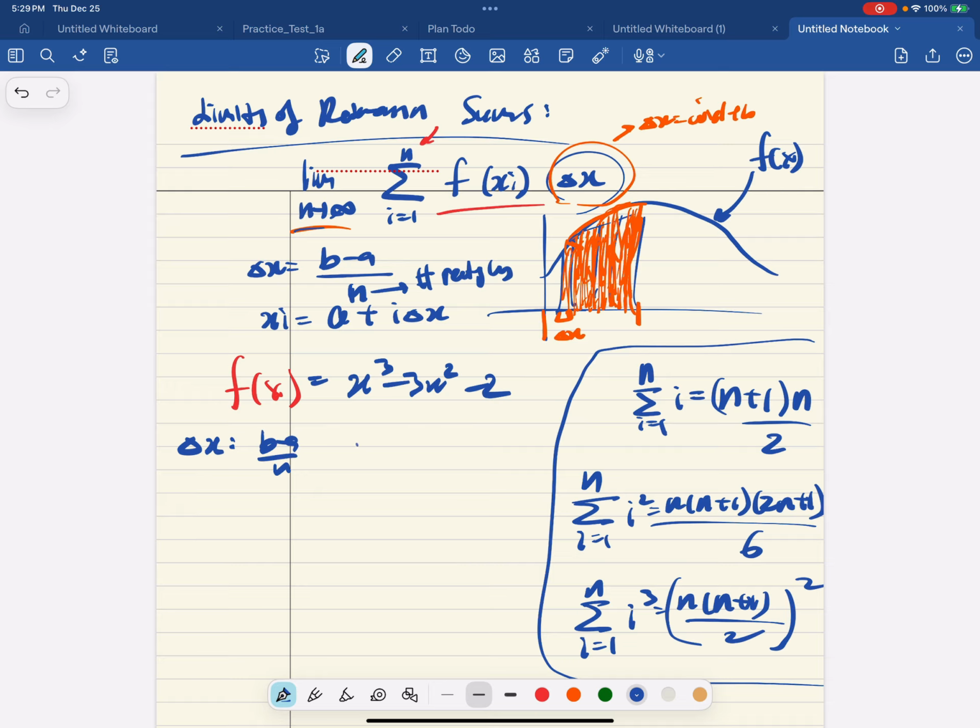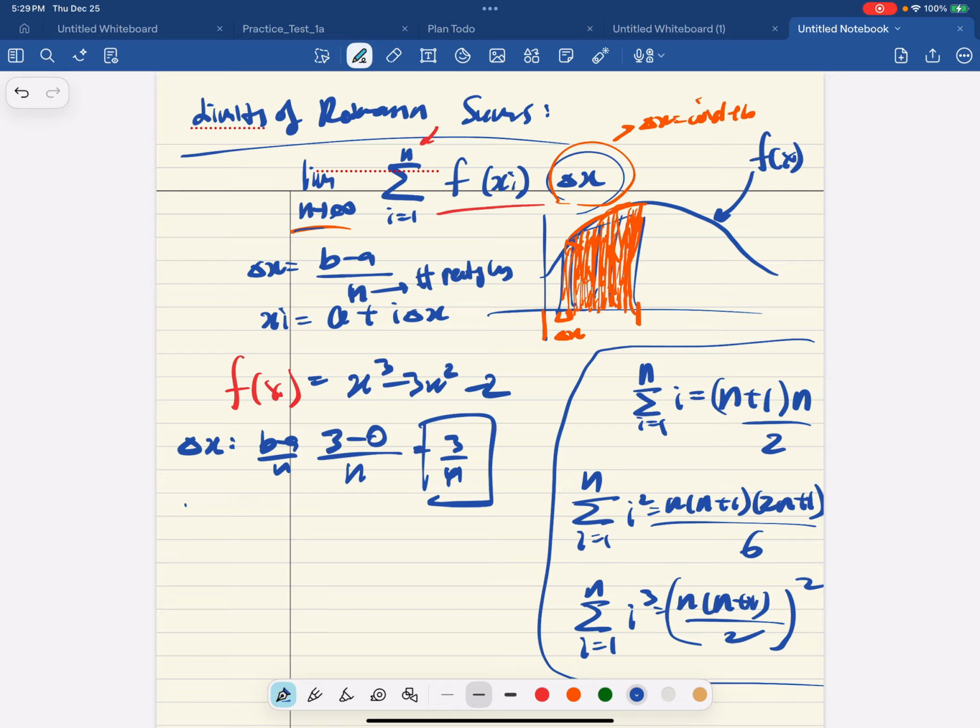They're going to tell you the b and a. In this case, we have b of 3 and a of 0. And a is usually always going to be 0, at least for Calc 1. Divided by n, which is infinity, but we just write it as 3 over n.